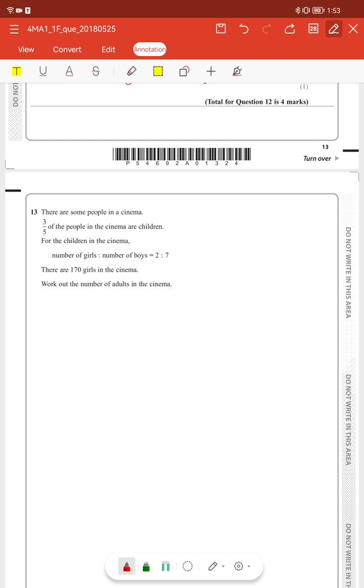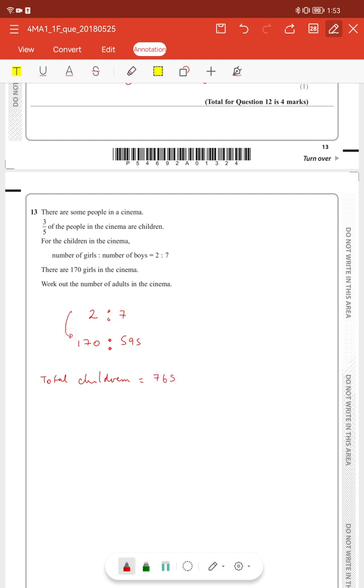So, if there are 170 girls, we need to find out how many boys there are. So there are 595 boys, so the total number of children is going to be 170 plus 595, which is 765.